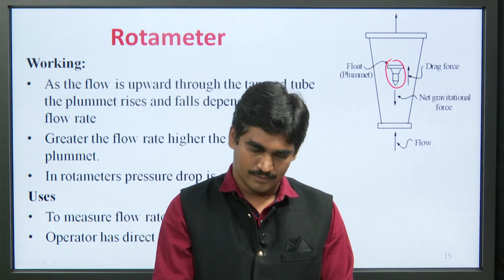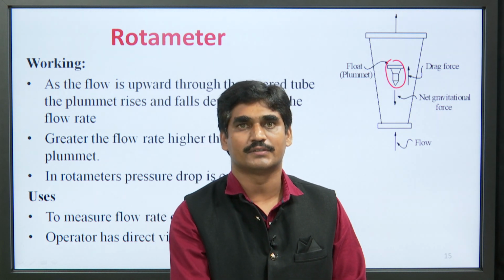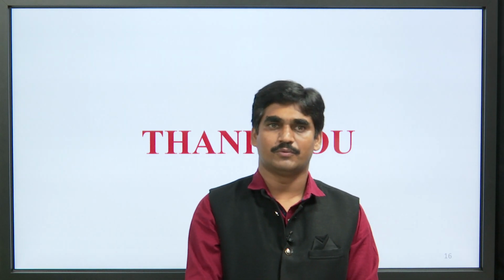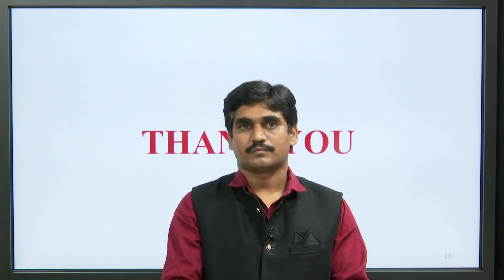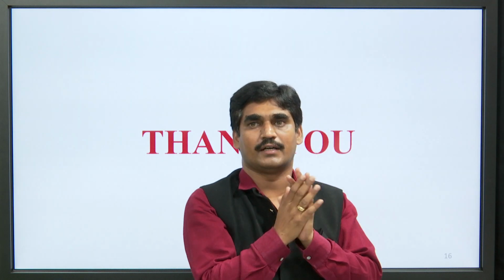Now, the different flow meters which are used for the measurement of flow of fluids are venturi meter, orifice meter, pitot tube and rotameter. In the orifice meter, a small orifice is there, that is the vena contracta; in the center it is tapered, and on both sides the diameter is higher.